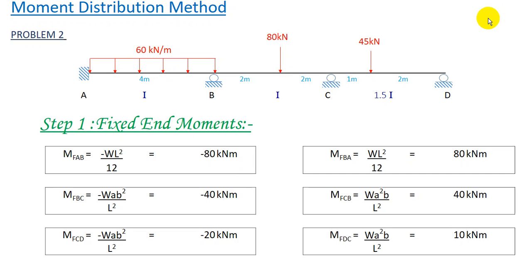And now MFDC is equal to WA square B by L square, where W is again 45, A is 1, B is 2, and L is 1 plus 2, 3. So this is positive and is equal to 10 kilonewton meters. So our step 1 is done. Now let us go to step 2.